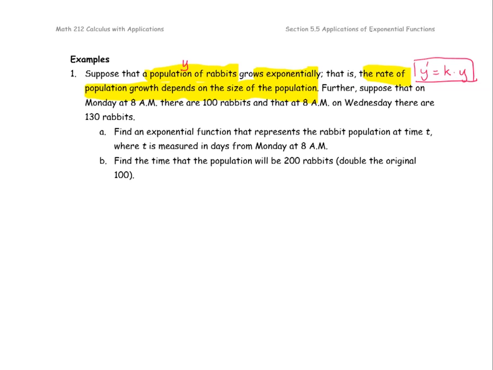Further, suppose that on Monday at 8 a.m., so we make a list here, the population y equals 100. And at 8 a.m. on Wednesday, the same time but 2 days later, y is 130. That means the population is growing.